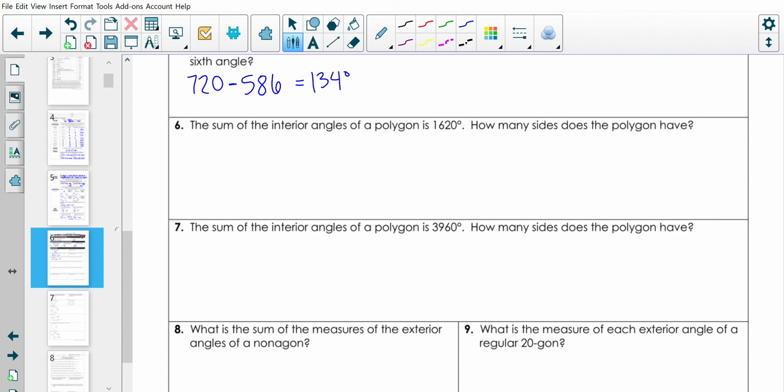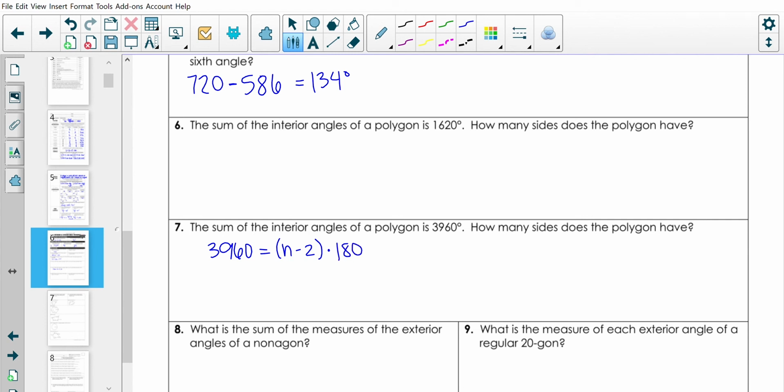Do we have a formula that helps us find it? S equals, but we know S. So we have 3,960 equals (n minus 2) times 180, and we need to find n.